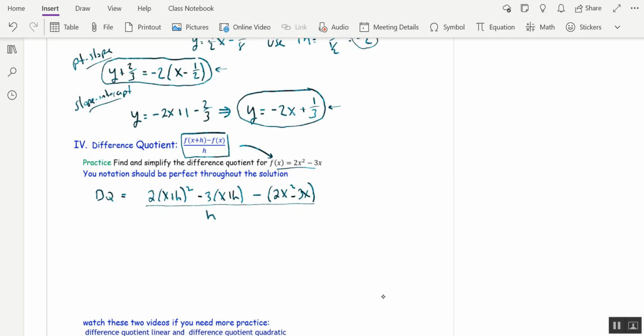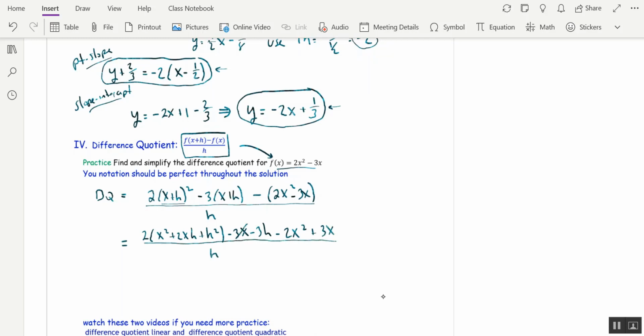And I want to see you carry along the h on the bottom until the end, even though you're just going to be simplifying on the top along the way. So on the top, we need to use FOIL on this x plus h squared. So 2 times x squared plus 2xh plus h squared. And now I'll distribute the negative 3: minus 3x minus 3h, and I'll distribute the negative 1: negative 2x squared plus 3x, all over h.